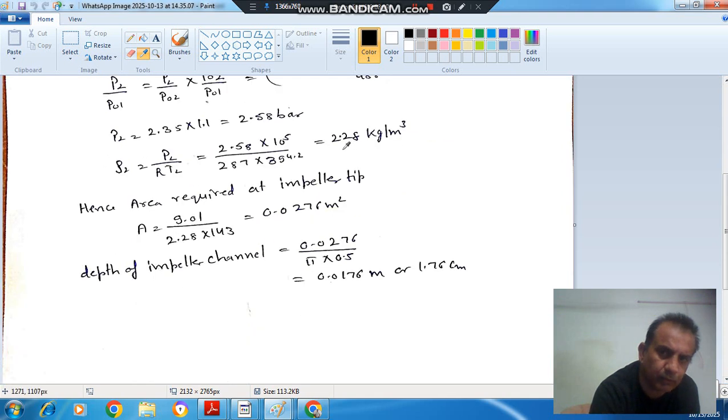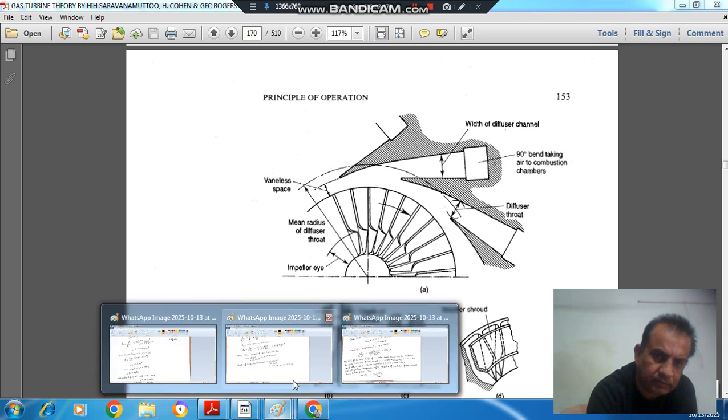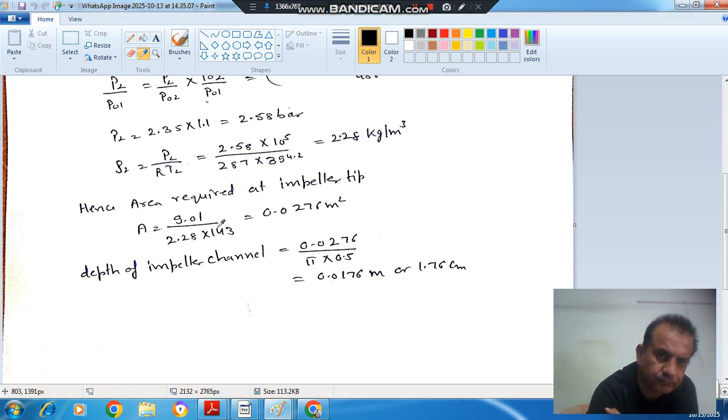Okay, so now this is the density, and mass flow rate is constant, that is 9.01, and if we divide mass flow rate by density and radial velocity, because if you see the impeller, this is your impeller, and suppose this is your axial depth, then the area of CR2 will be pi d into depth, so area will come out as 0.0276, and diameter is 0.5.